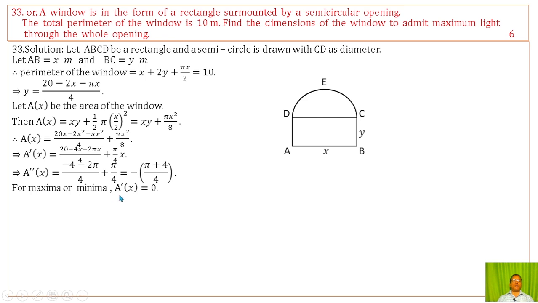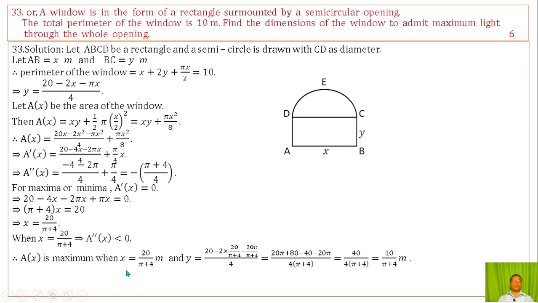For maxima or minima, we put A dash of x equal to 0, and solving we get x equal to 20 by pi plus 4. When x is 20 by pi plus 4, A double dash of x is less than 0. Therefore, the area is maximum at this x, and y is 10 by pi plus 4 meter.